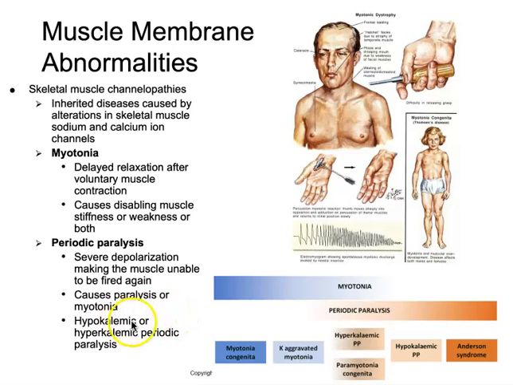We have hypokalemic, and actually before I discuss those two types, let's also look at this image over here where we have myotonia, and we can see that it is on this end where we have delayed relaxation after our contraction, whereas our periodic paralysis, we're on the other end. So this is really where that Anderson syndrome is sitting.